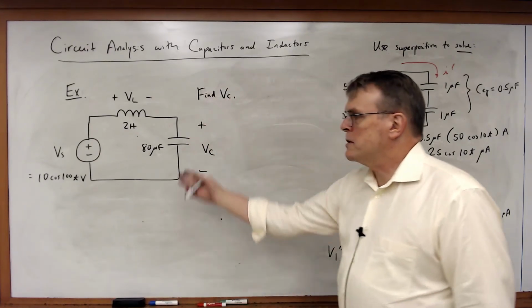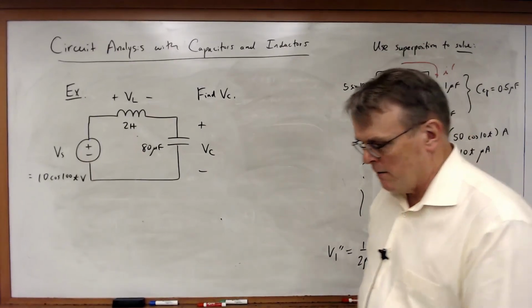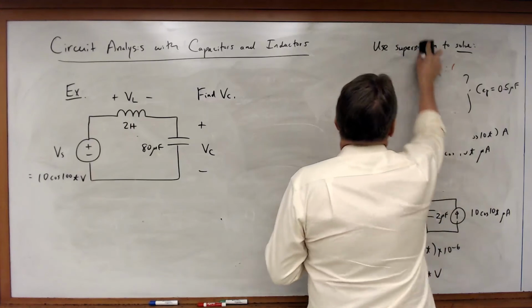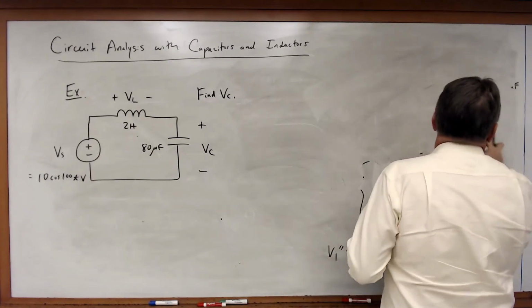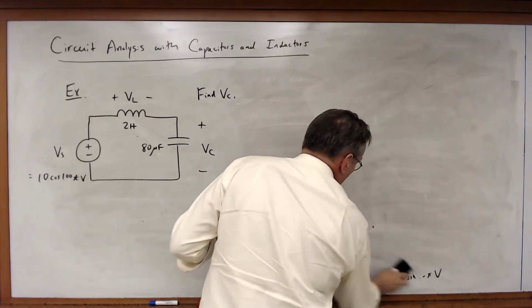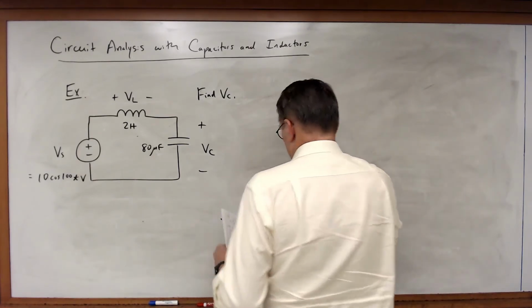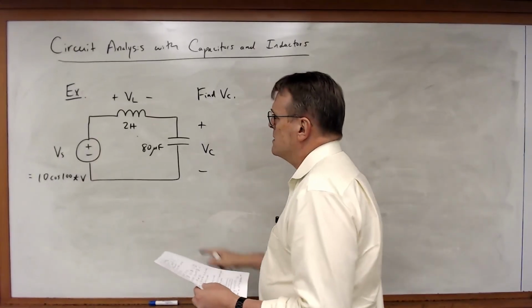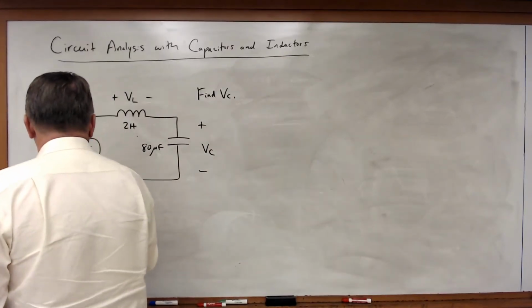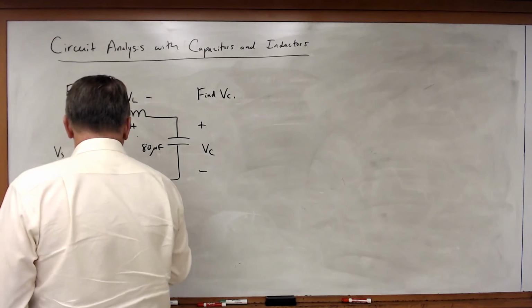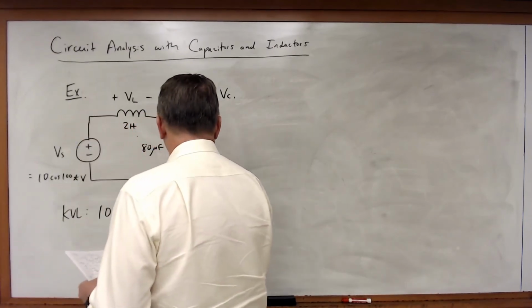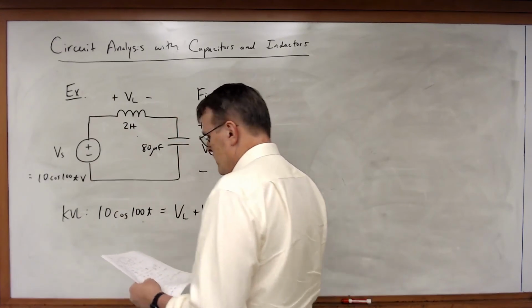Well, let's go through and see what kind of equations we need in order to solve this. So in this case, writing KVL around the loop says that 10 times cosine 100t must be equal to VL plus VC.